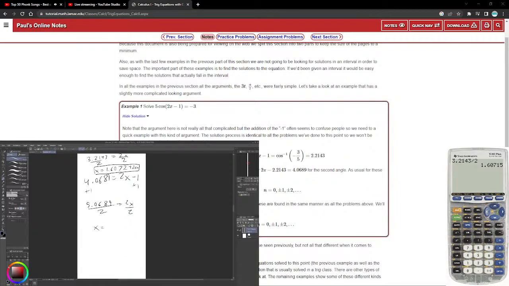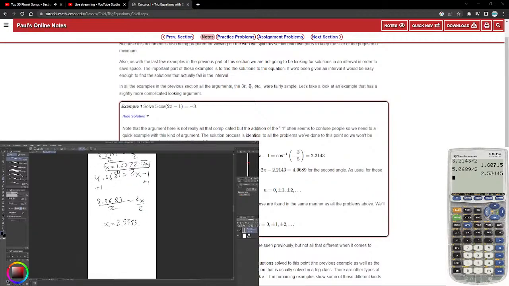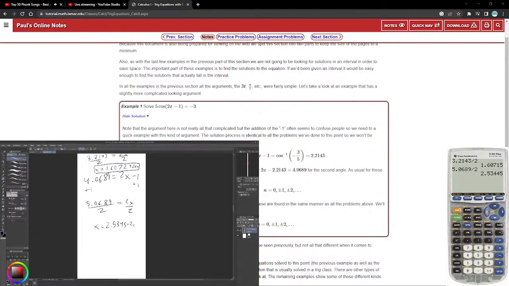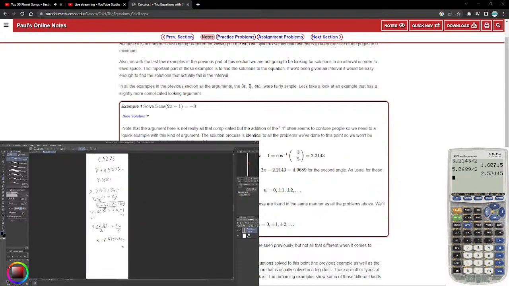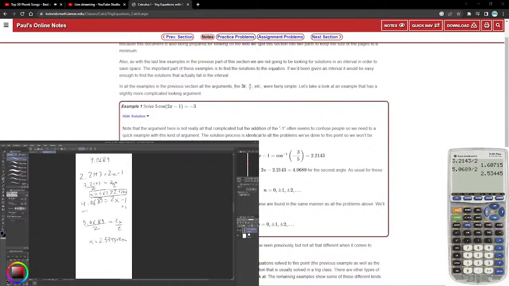And the second one is 5.0689 divided by 2, 2.5345 plus 2 pi n. I messed up again. Man, I keep forgetting to divide that 2 pi n. Do I gotta add 1 to it also?